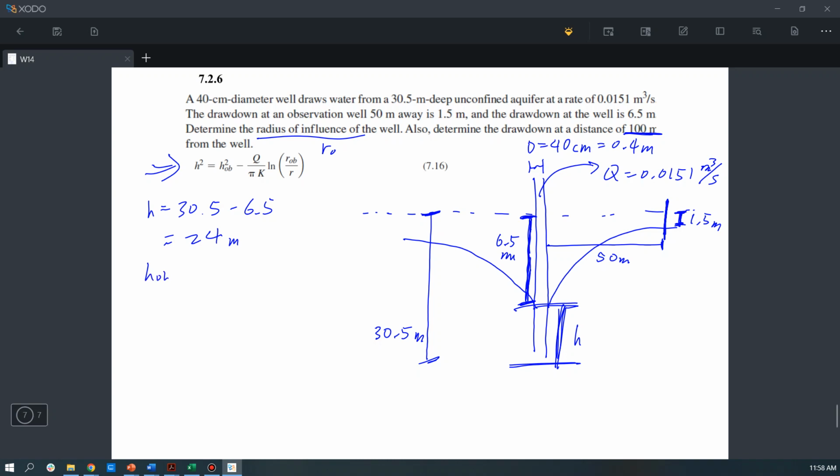And the observation part is here. So H OB. This is 30.5 minus 1.5. This is 29 meter.